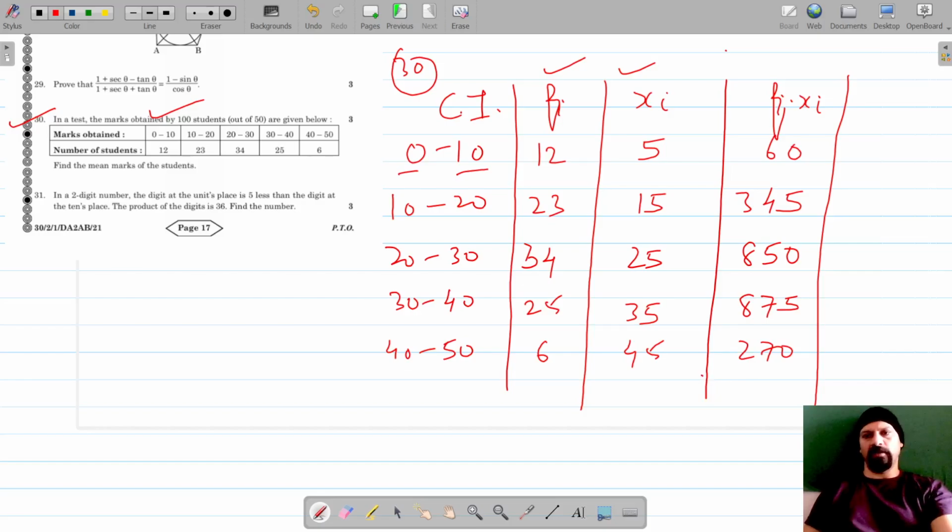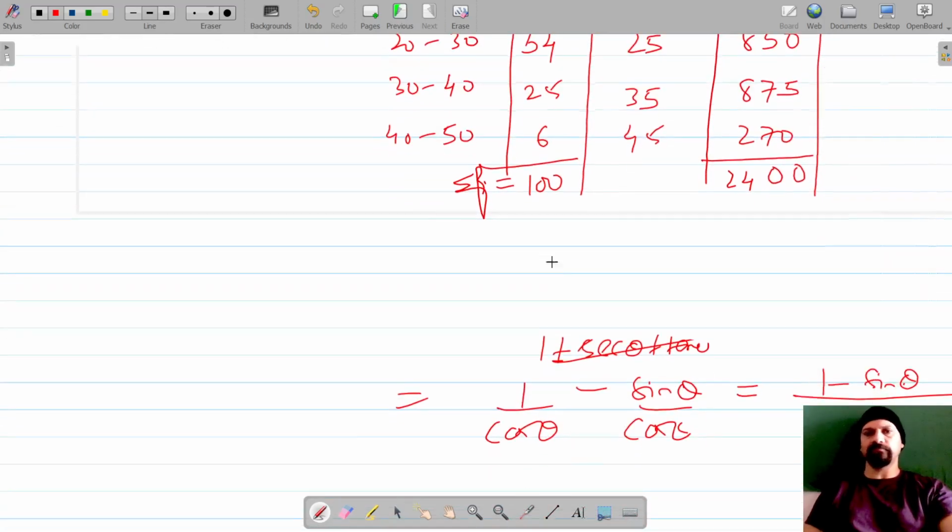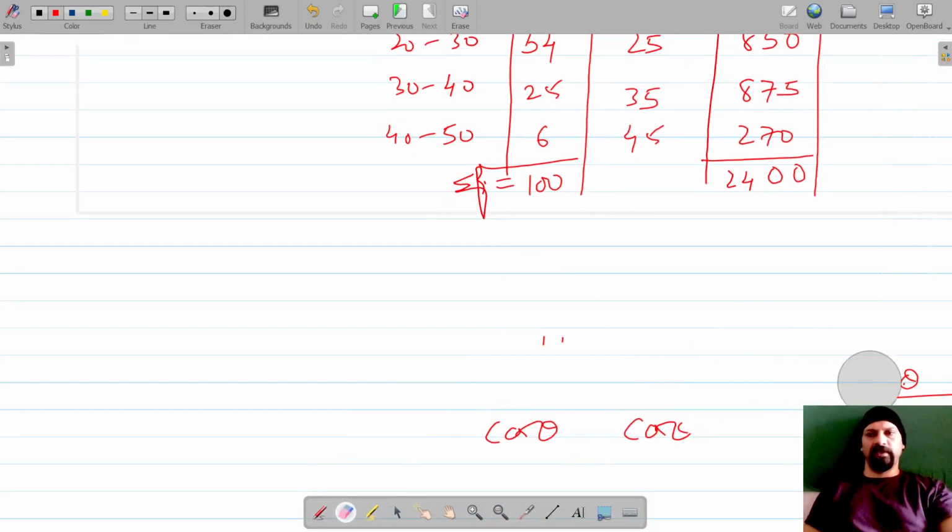So fi into xi, if I add this up, this is 10, 6 plus 4, 10, 11, 5, 16, 7, 23, and 7 is 30, and 3, 3, 6, 8, 14, 8, 22, and 2 is 24. And here, the total number of students are 100, so sigma fi is 100.